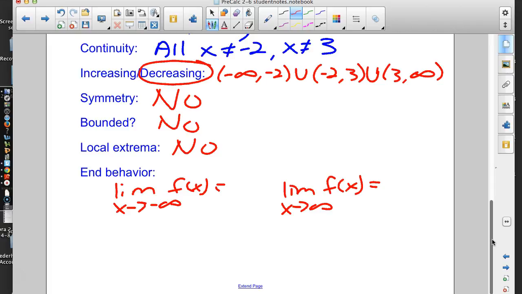What are we approaching as we go to the left forever? Yeah. That horizontal asymptote is 0. How about if you go to the right forever? Yep. That's that horizontal asymptote. Again, for the branches, that horizontal asymptote is working. Whew, that's a lot of stuff, isn't it?